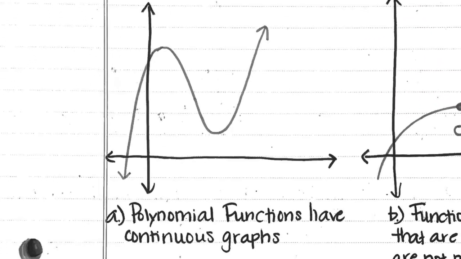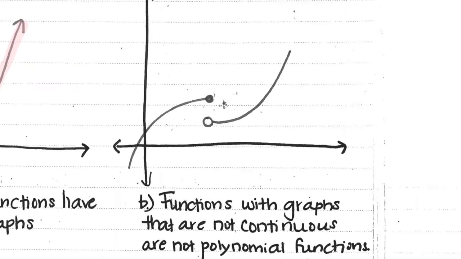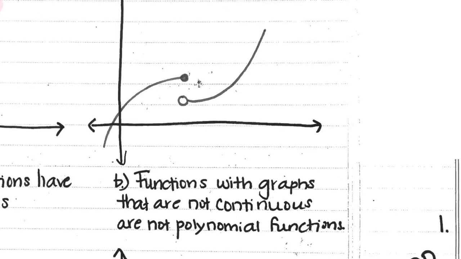So let's start here. Polynomial functions have continuous graphs, which means you don't have to pick up your pencil to draw them. Functions with graphs that are not continuous are not polynomial functions. Here, this is a piecewise function. I do have to pick up my pencil.